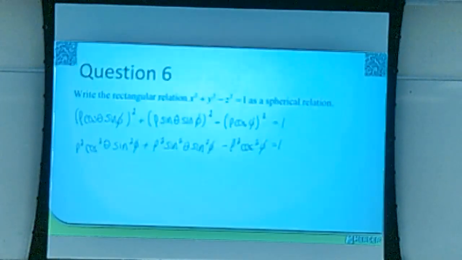You can't just get rid of the square; you can't take the square root of each term, because square root doesn't distribute across addition, only multiplication. The sine squared theta and cos squared theta, you can simplify that into one: cosine squared plus sine squared.